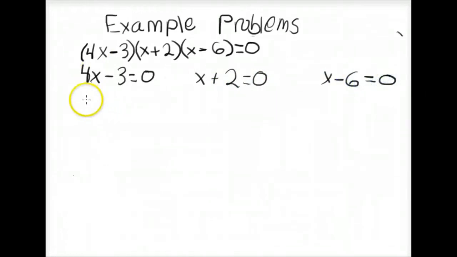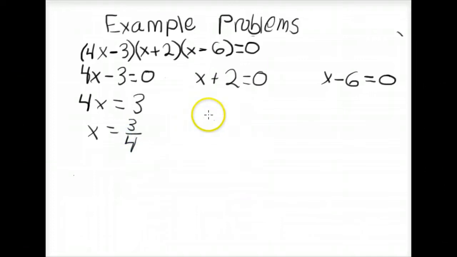So then solving this equation, we'd have 4x equals 3, or x equals 3/4. For this one, we just have to move the 2 over, so x equals negative 2. And for this one, we just have to move the 6 over, so x equals positive 6.